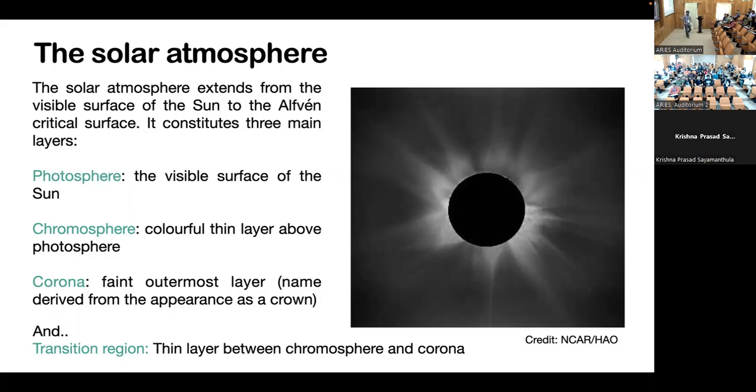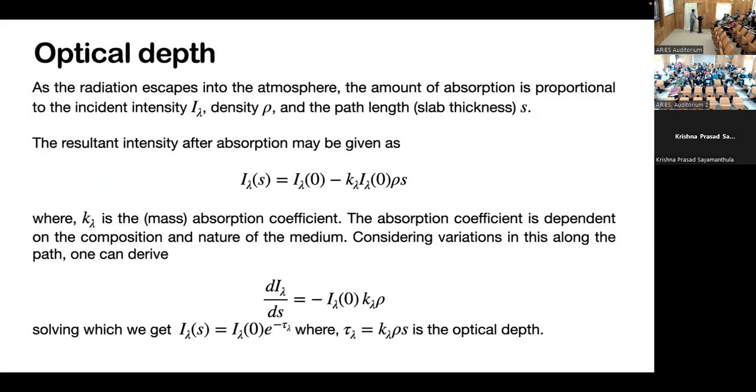But in the initial times, these were helpful to have global definitions, to study global parameters, which we will also be studying in the coming slides. So that's roughly the different layers of the solar atmosphere.